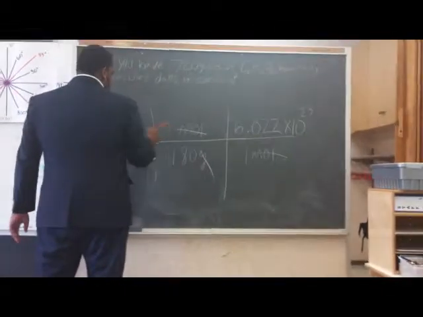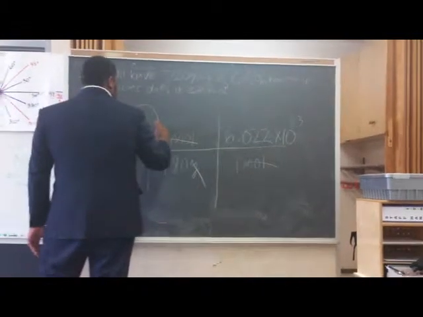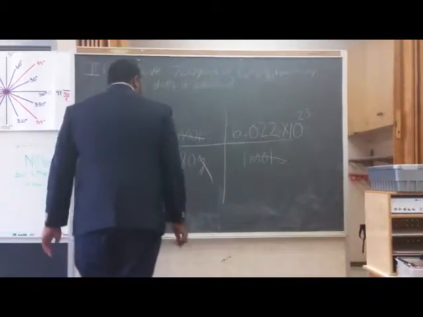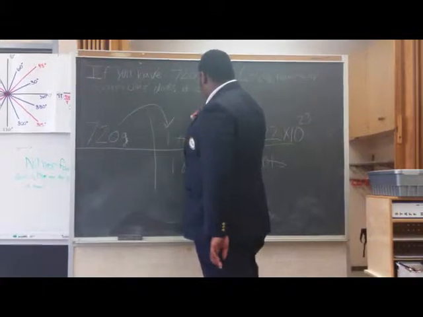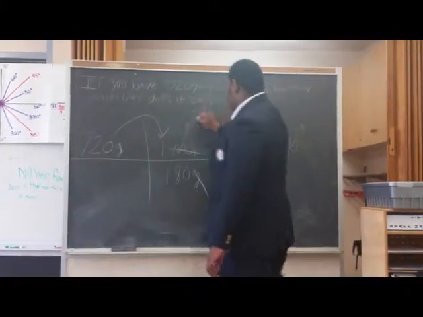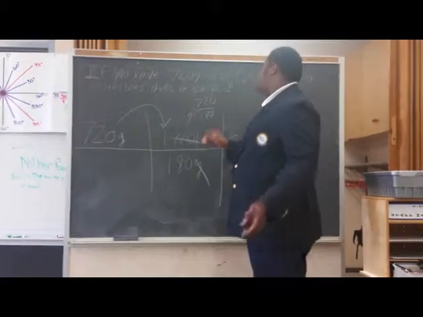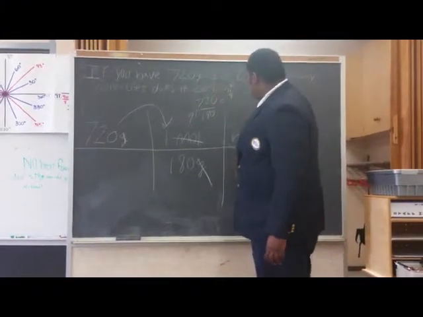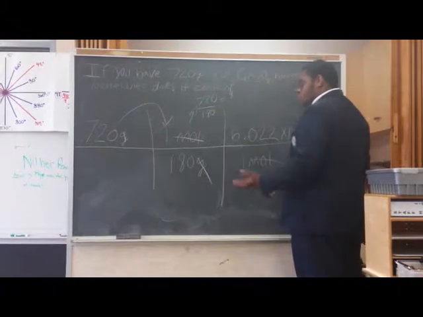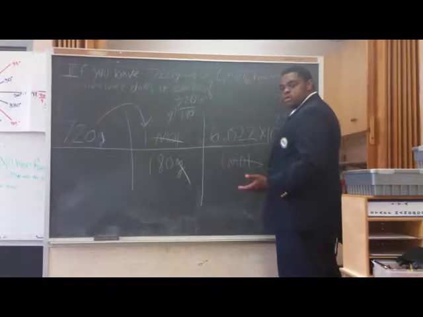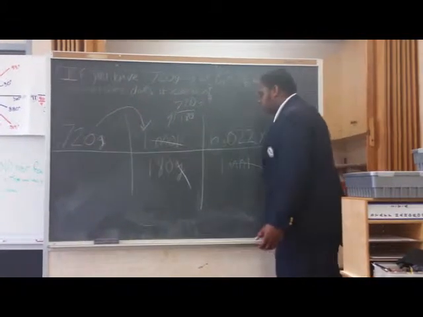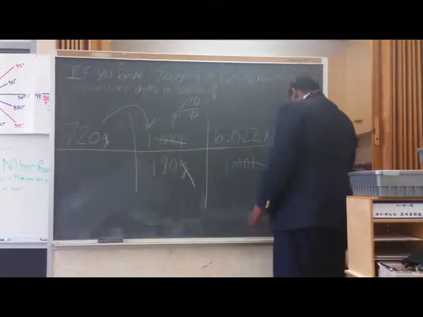With this one here, we can take care of step 1. Over here, we have 720 grams over 180, which simply equals 4. So in reality, all you have to do is multiply this number by 4, because this is the product of step 1. So let's do that.